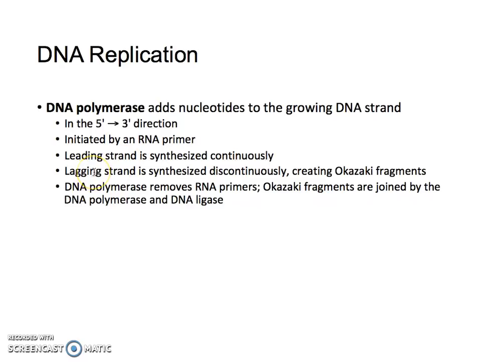The lagging strand is doing it wrong. Remember, each of these strands is anti-parallel, which means when you have a 5' to 3', you're going to have a 3' to 5', which means that side cannot be replicated in the correct fashion. So what happens is you do these short replication patterns and then sew them up together at the end. Let's show you a picture.